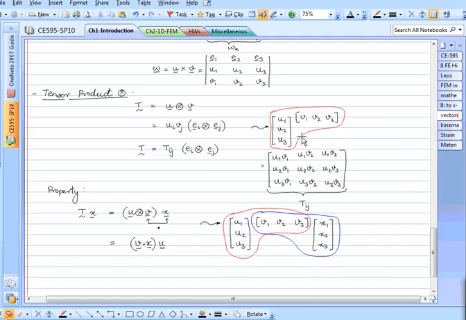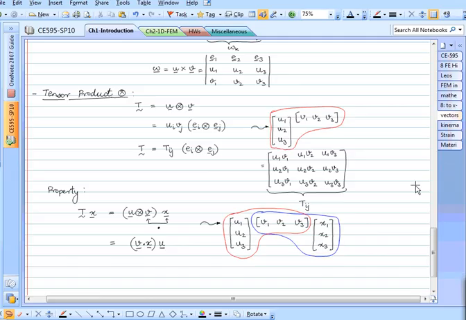And if you do this matrix multiplication, what you will get is this 3 cross 3 matrix. Okay, so this is also sometimes called the outer product of two vectors, which is nothing but the tensor product. And note again that this matrix is not equal to the tensor. This tensor can be represented in a matrix form if you choose a certain coordinate system, okay?